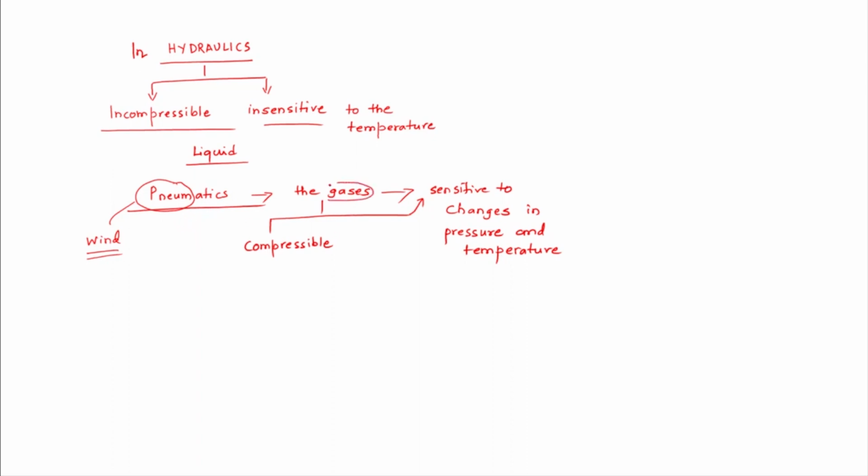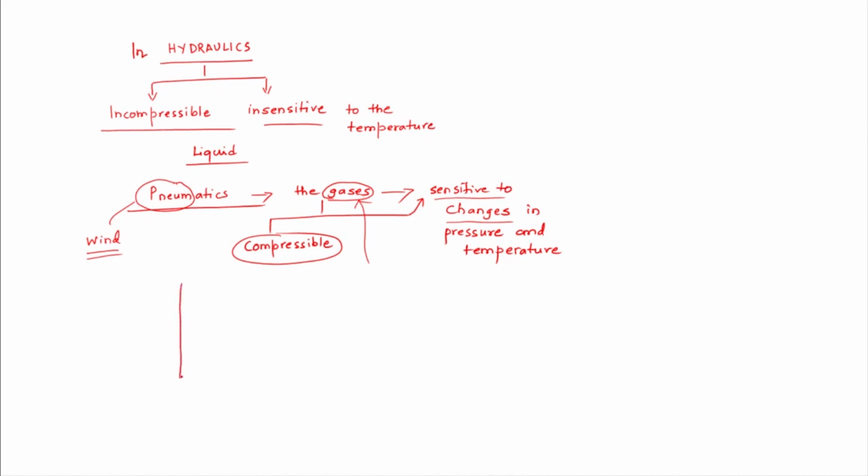So wind, as you know, there are a lot of gases in the wind which are compressible in nature, which can be compressed, and these gases are sensitive to the changes in pressure and temperature. So the behavior of the gases is being governed by a certain law, and that law is giving the relationship between the pressure and temperature.